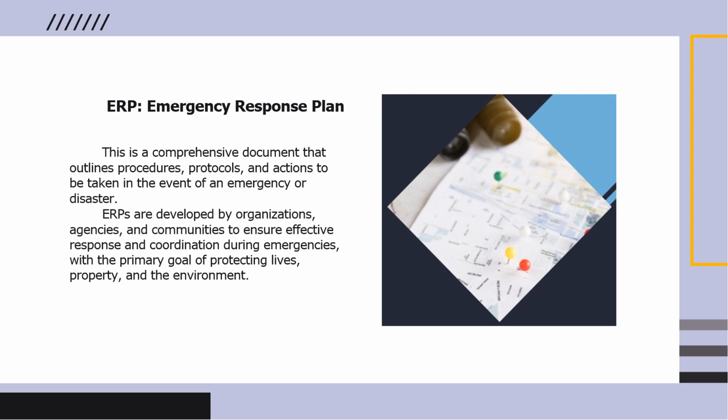This is a comprehensive document that outlines procedures, protocols, and actions to be taken in the event of an emergency or disaster. ERPs are developed by organizations, agencies, and communities to ensure effective response and coordination during emergencies with the primary goal of protecting lives, property, and the environment.